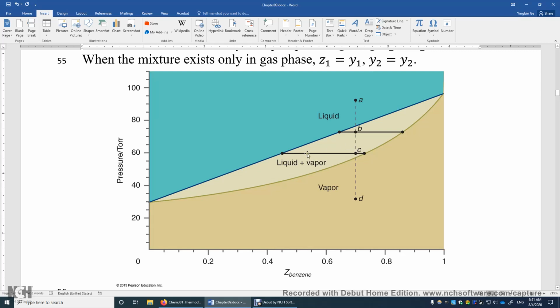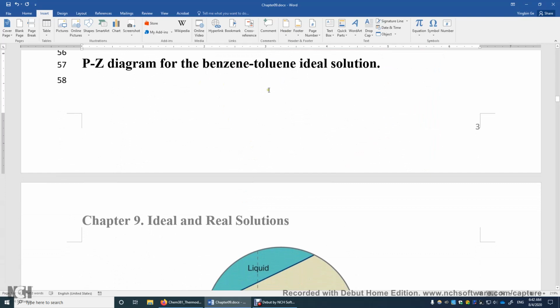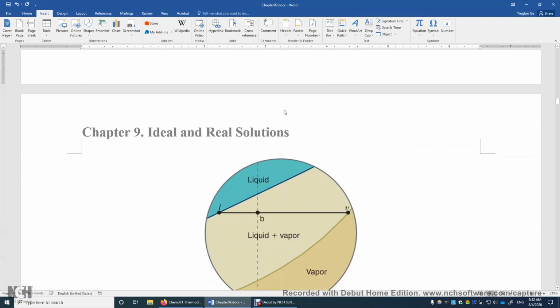Over here you have more vapor, less liquid; over here you have more liquid, less vapor. Then we further reduce the external pressure to point D. It's 100% gas phase, with 0.7 benzene and 0.3 toluene. Again, this is just a benzene-toluene ideal solution.